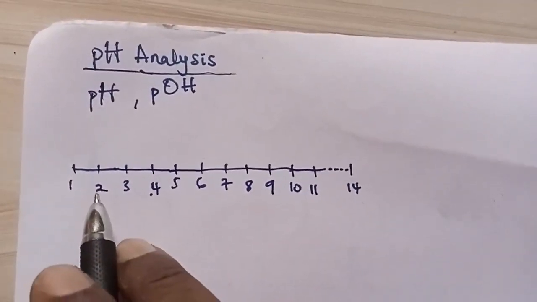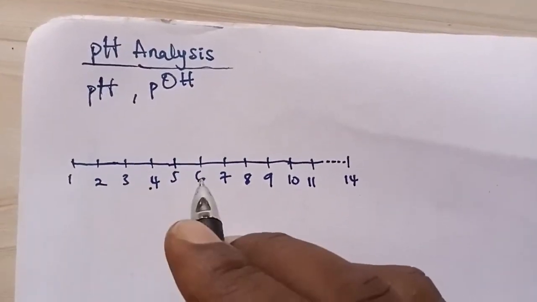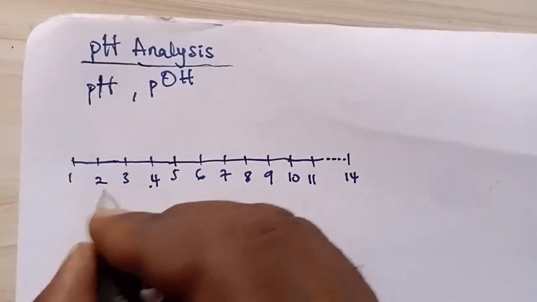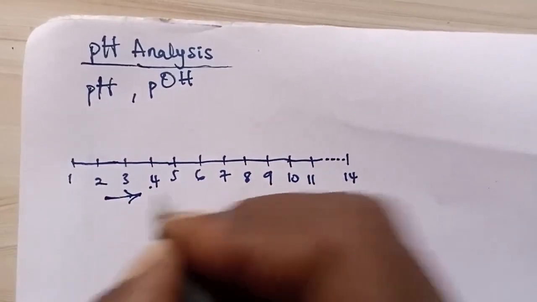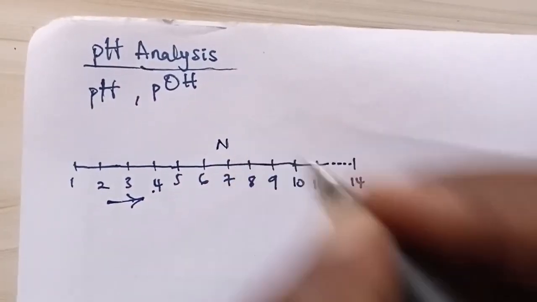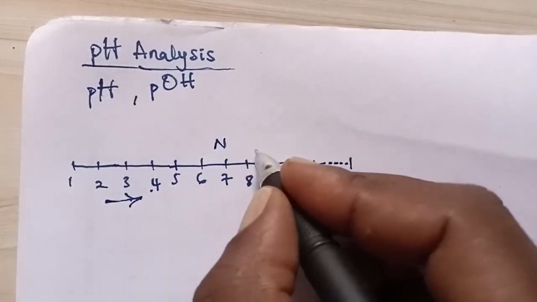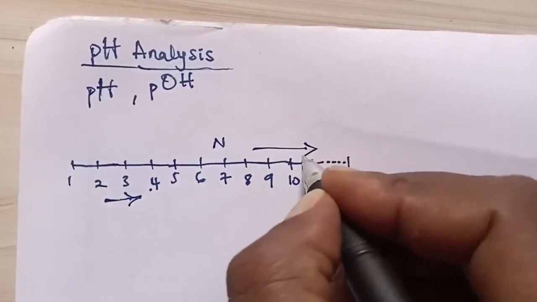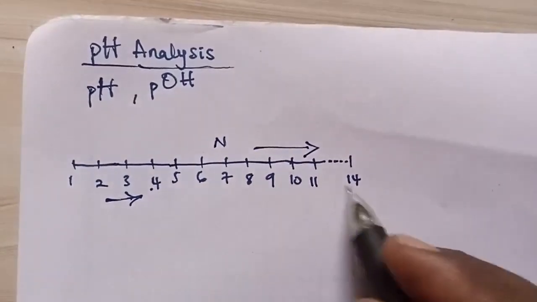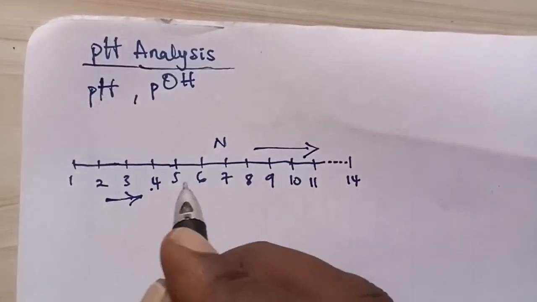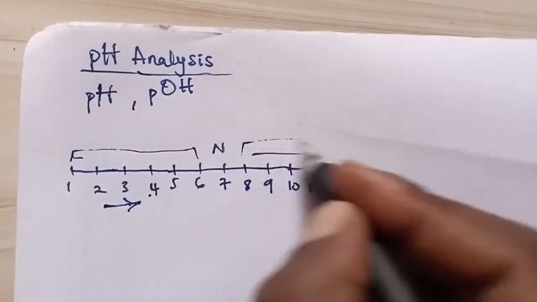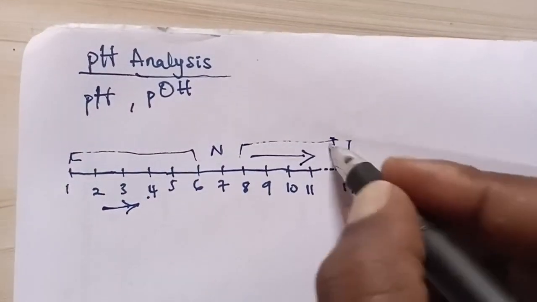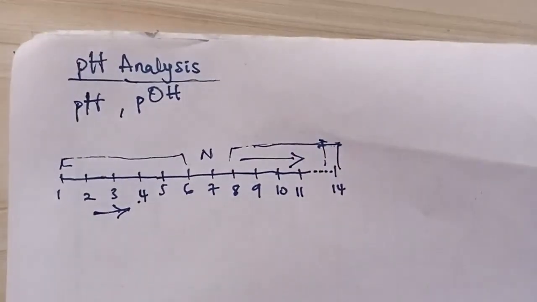From 0 to 6 measures the acidity. So in this place, if you're moving this way, you are increasing in acidity. 7 is neutrality. And if you're moving from 8 towards this place, you are also increasing in alkalinity. So this is the acidic side. This is the alkaline side. So 14, alkaline side.